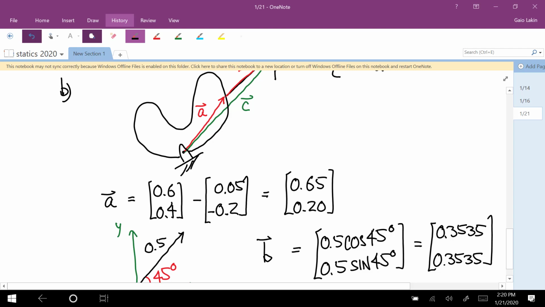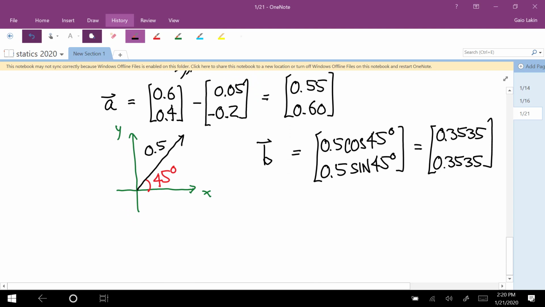That makes this 0.55, and this 0.6. And so now the vector that we want, C, is 0.55 plus 0.3535, so that is 0.9035 for x and 0.9535 for y.